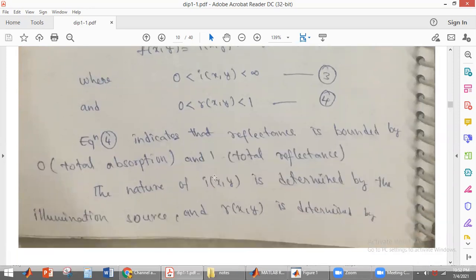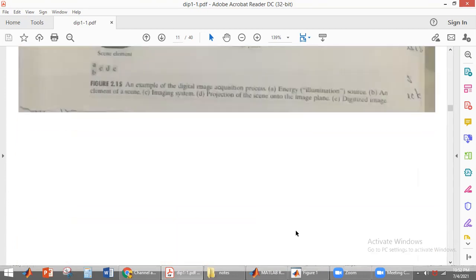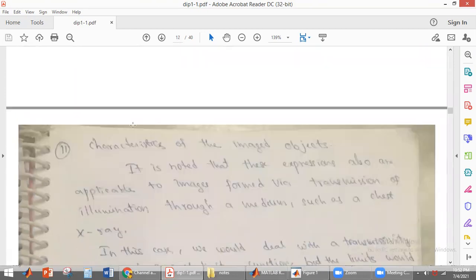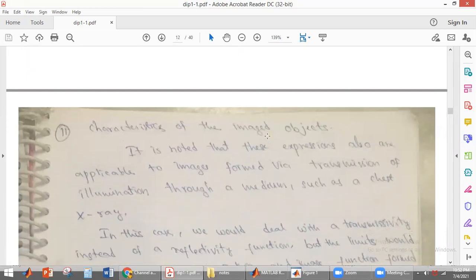The nature of i(x, y) is determined by the illumination source, whereas r(x, y) is determined by the characteristics of the imaged object. Here we are just considering reflectance. Sometimes the image is formed by transmission.